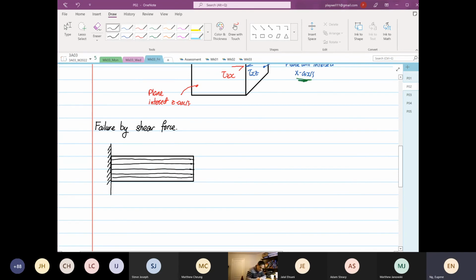Now this is a schematic. So when we apply the load down here, known as V, we apply the load V. So when the structure deforms, this is the deformation pattern.